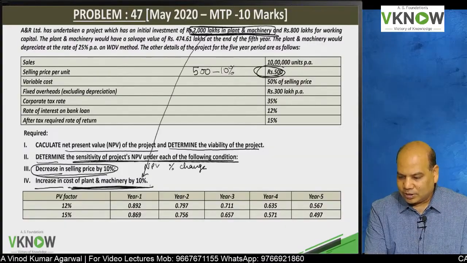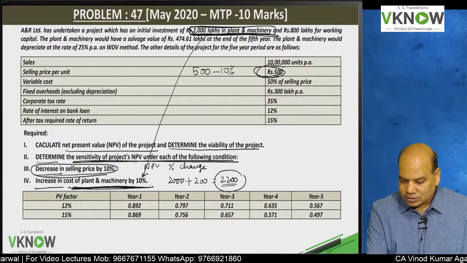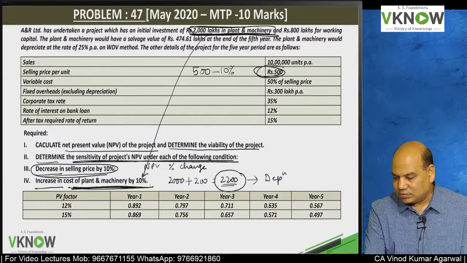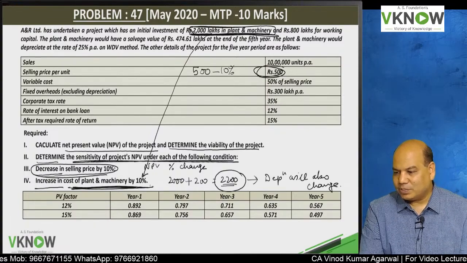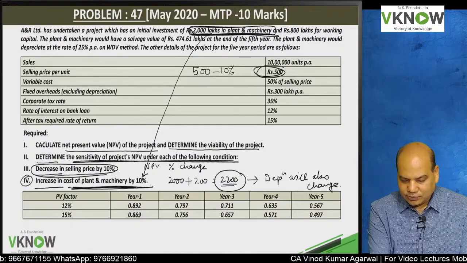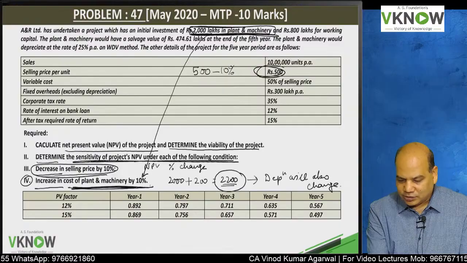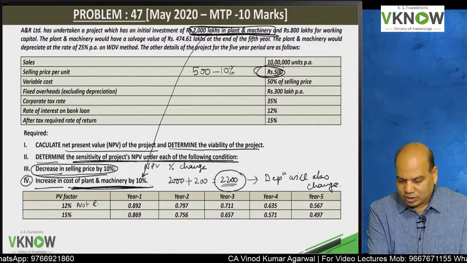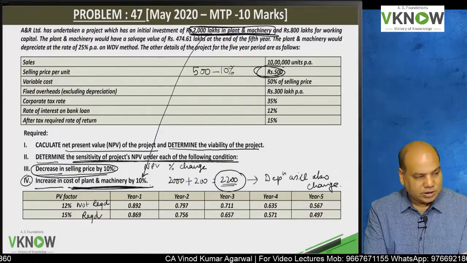So that will increase by 10%. So it will become 2200. But because of this, depreciation will also change. So I have to recalculate depreciation also in this part. And to help you, PV factor at 12% is given, right? Not required. 15% will be required, 12% will not be required.